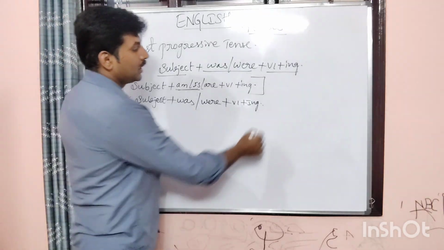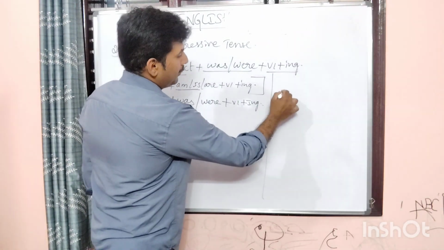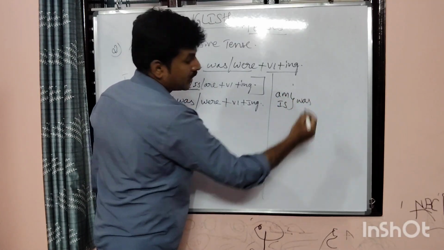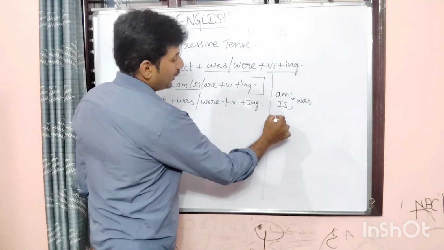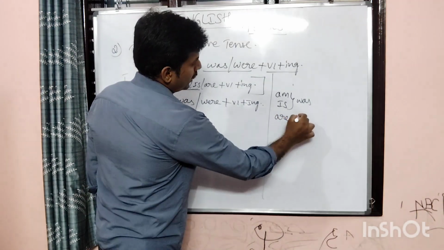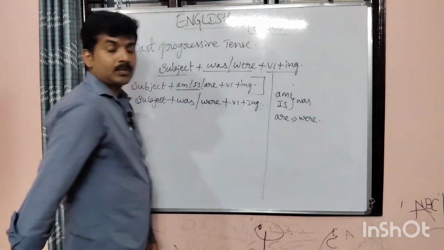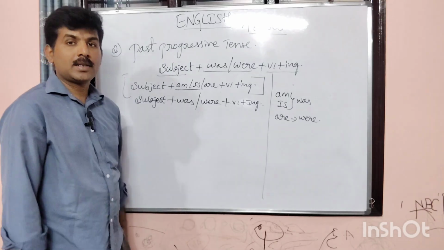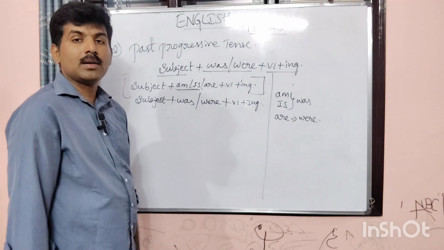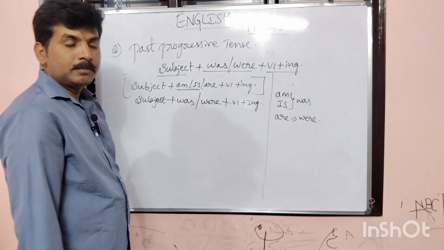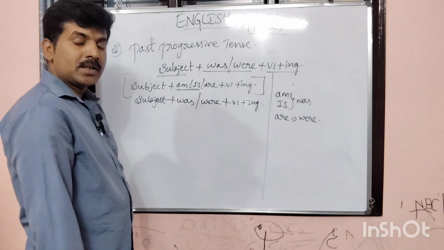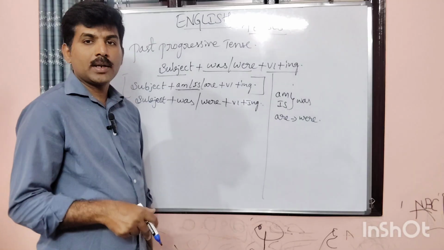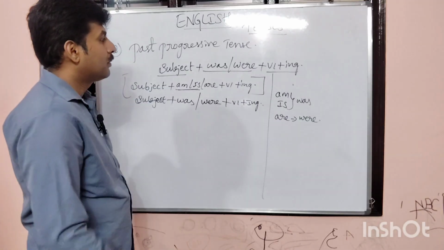What are the changes? Am is changed into was. Okay. Then are changed into were. Okay. So maybe it helps with your direct and indirect speech in future. Okay, when you write in answering, this is very essential, because when we change to past form like reporting, it is very important.